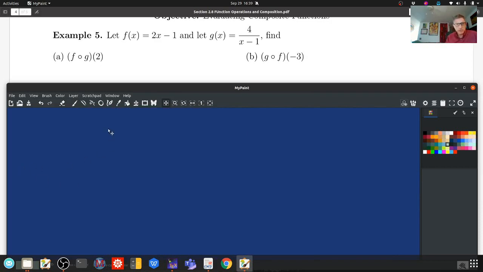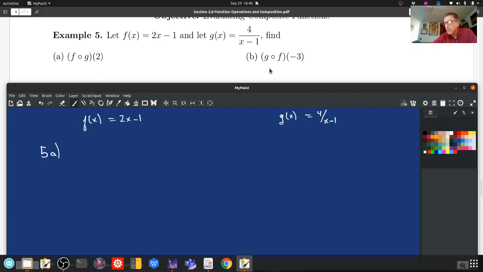Composition of functions. So f of x is given to be 2x minus 1, and my g of x is equal to 4 over x minus 1. So we're just going to do what it asks us to do at this point, and then we're going to ask about what is the domain of f composed with g, and what is the domain of g composed with f.